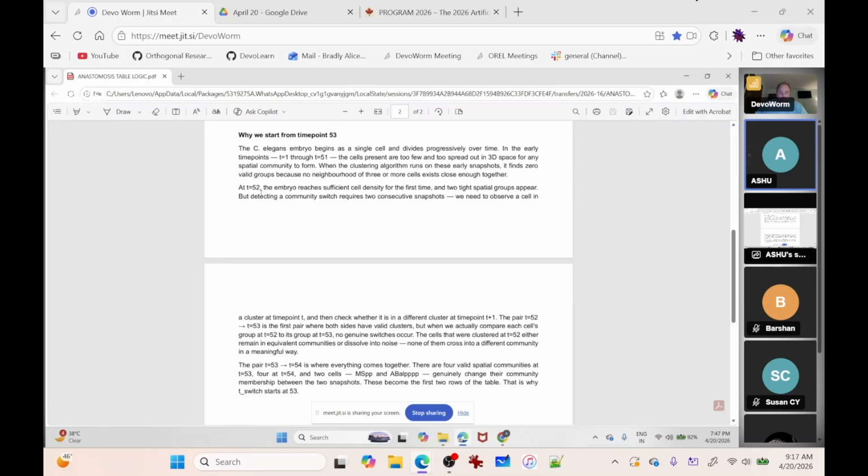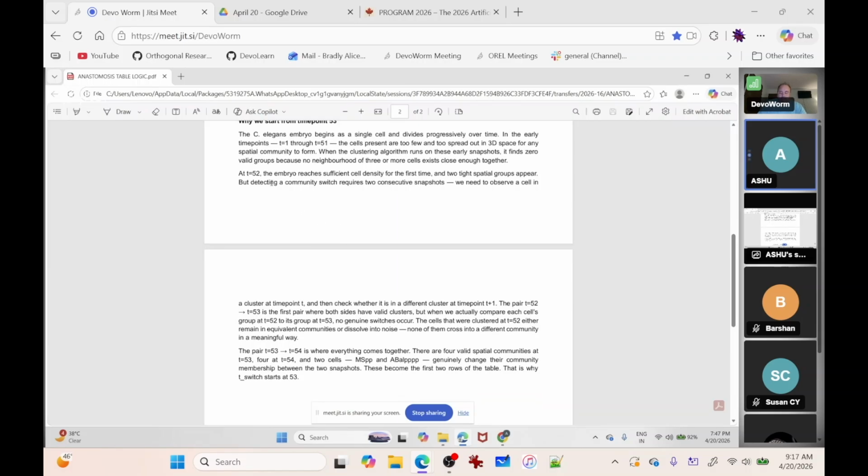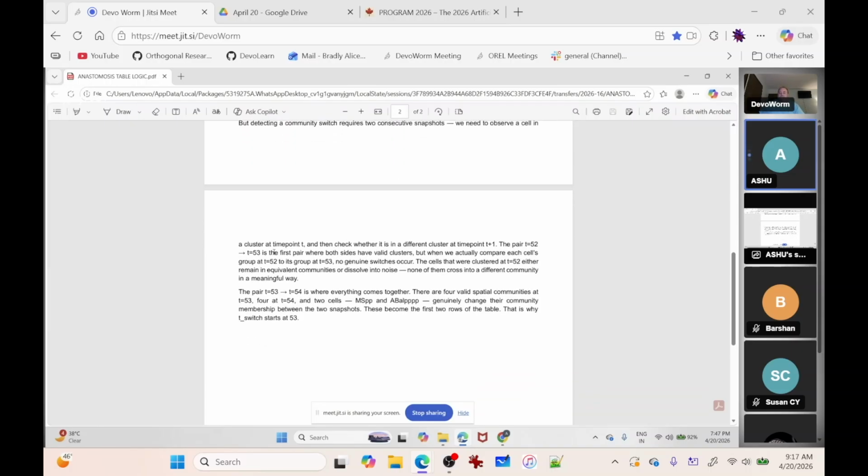If we are taking time point 52, then the cell must also be present in time point 53, and it was not present. The cell at time point 52 was either in the same cluster or it was noise in time point 53. Basically, the pair 53 and 54 is where everything comes together.